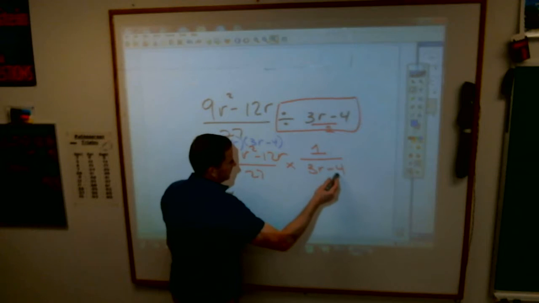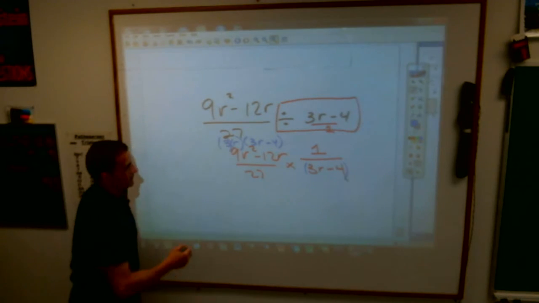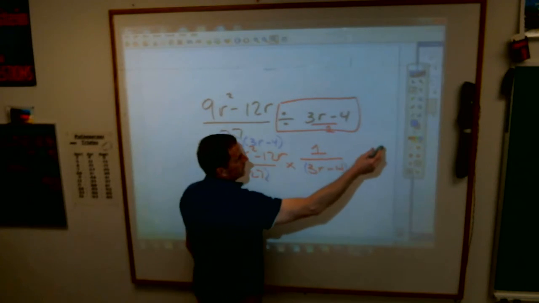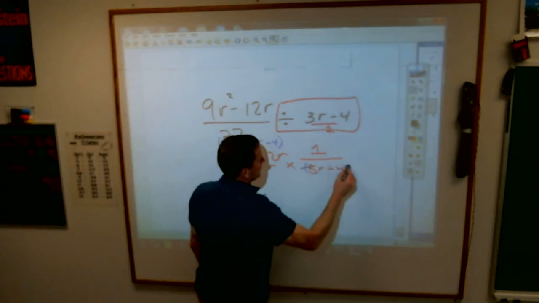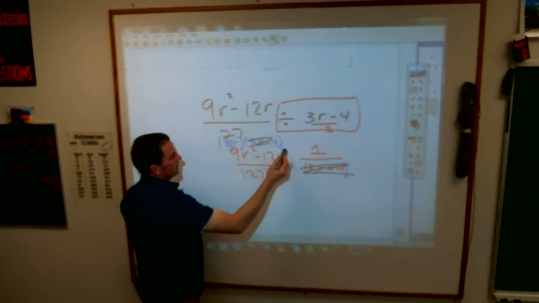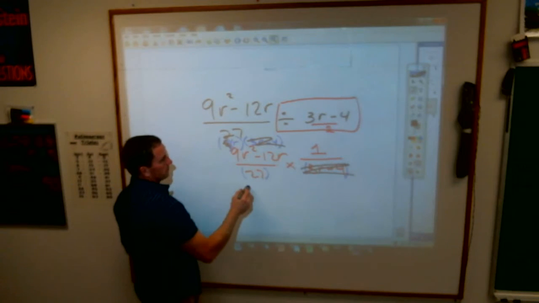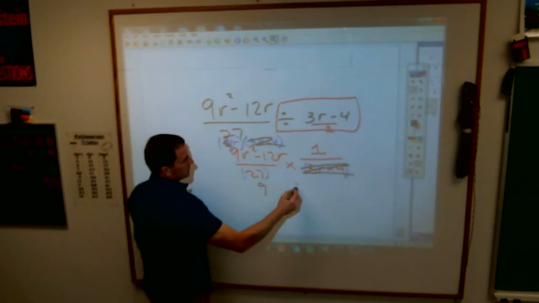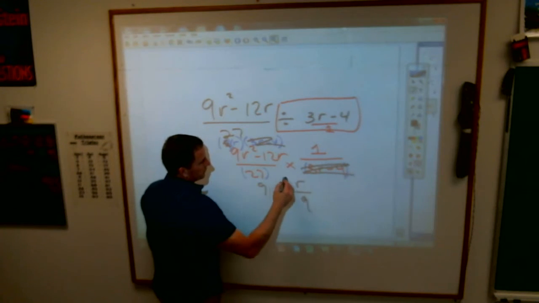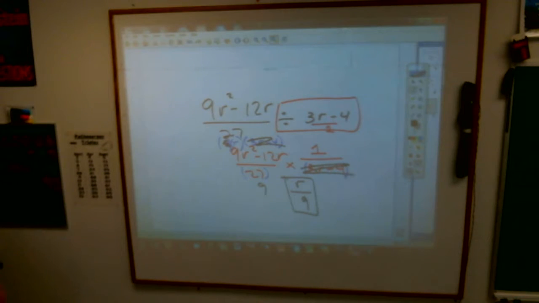Can I factor something out of this? I cannot. Can I cross cancel it? Absolutely. I got a minus 4, crosses off with a 3r minus 4. 3 goes into 27, 9 times. And I'm left with, I believe, r over 9. Is that right? Did I get that right?